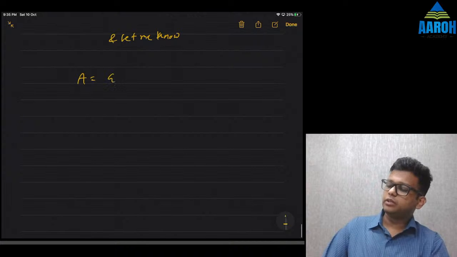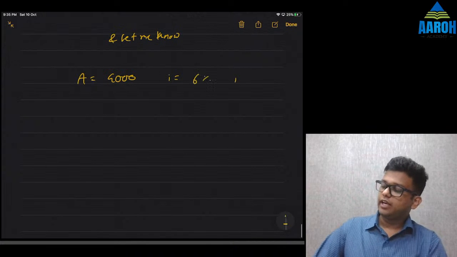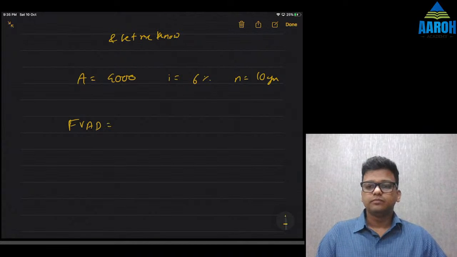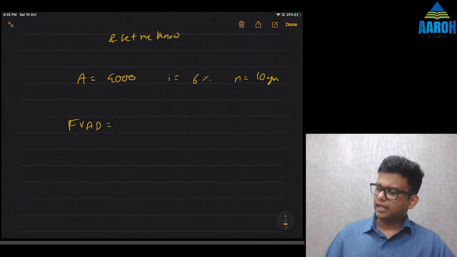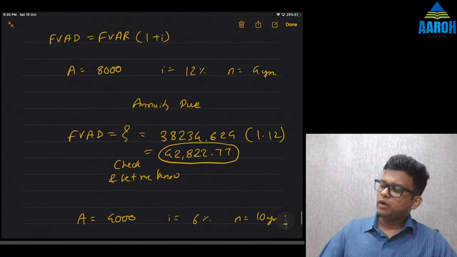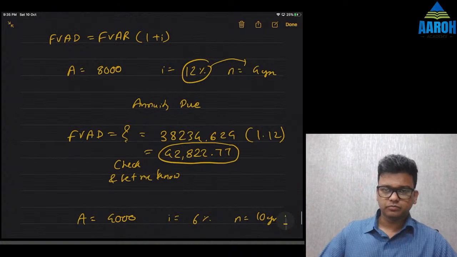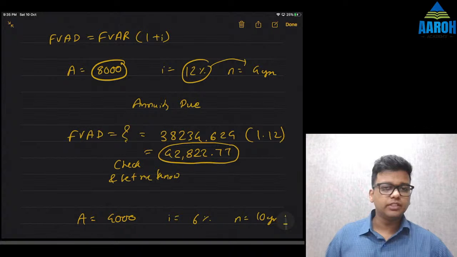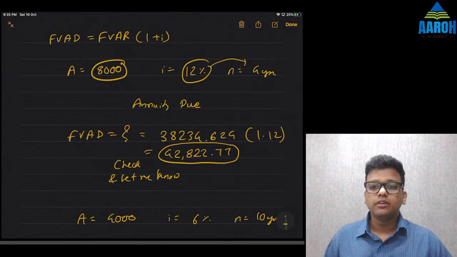A is equal to 4000, I is equal to 6%, N is equal to 10 years. You have to find FVAD. No, Misbah, try again. Misbah, if you have not understood, again 1.12 raised to 4 minus 1 divided by 0.12 into 8000 into 1.12, right?